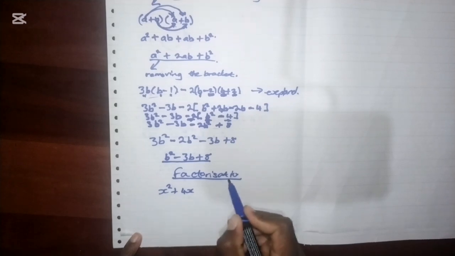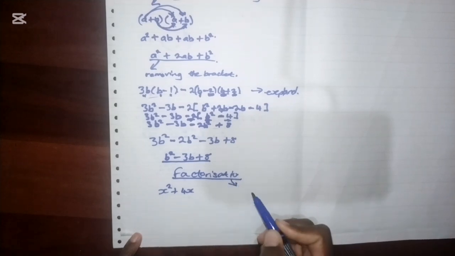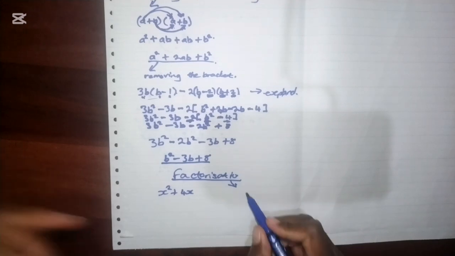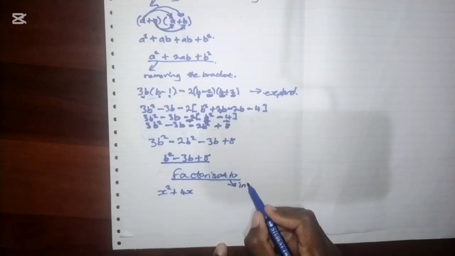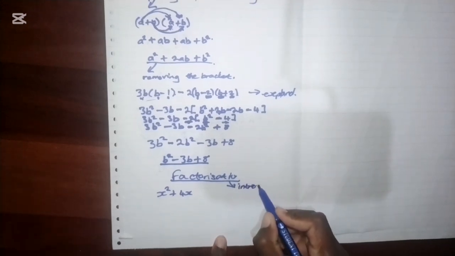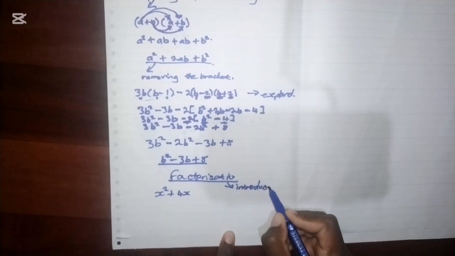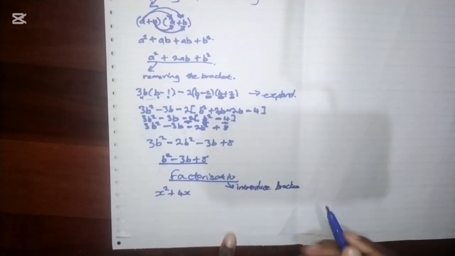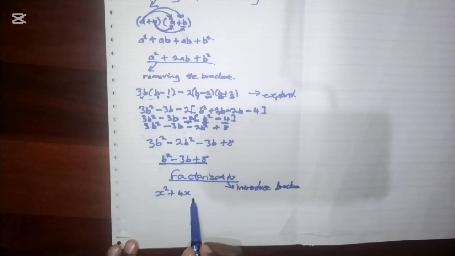When factorizing, it's more like the opposite of expanding. This time you introduce the brackets. So when expanding, you remove the brackets, but when factorizing, you introduce back the brackets. So here, what can we factor out in that expression?